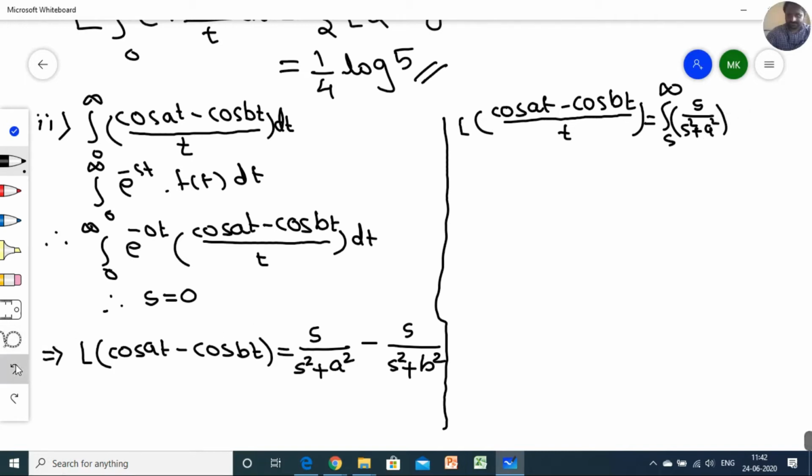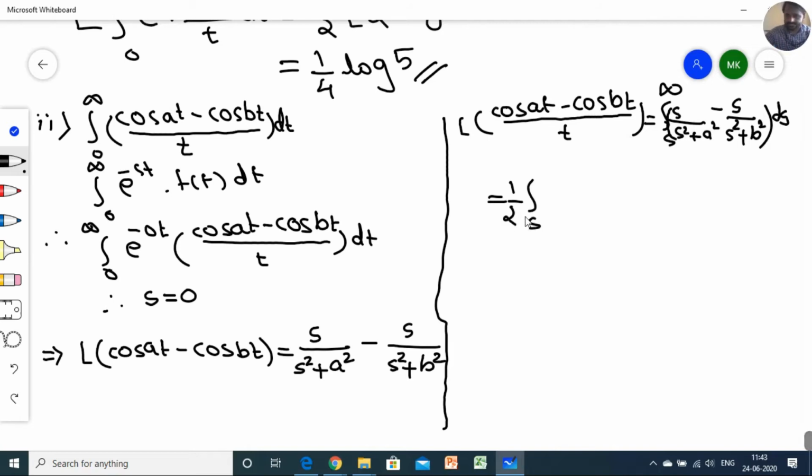Just a second. I'm just putting directly here, s upon s square plus a square minus s upon s square plus b square into ds. So the Laplace transform of (cos at minus cos bt) by t is equal to, again we have to use the same concept, multiply and divide by 2.